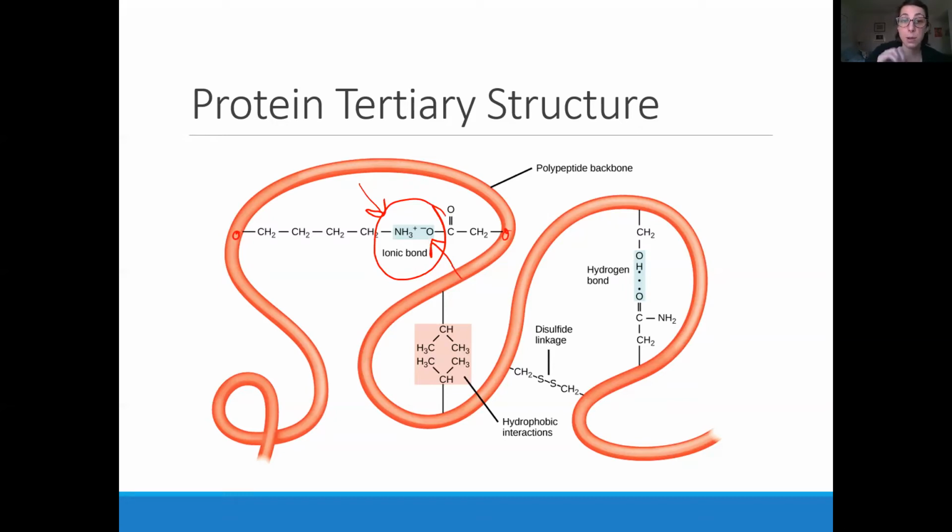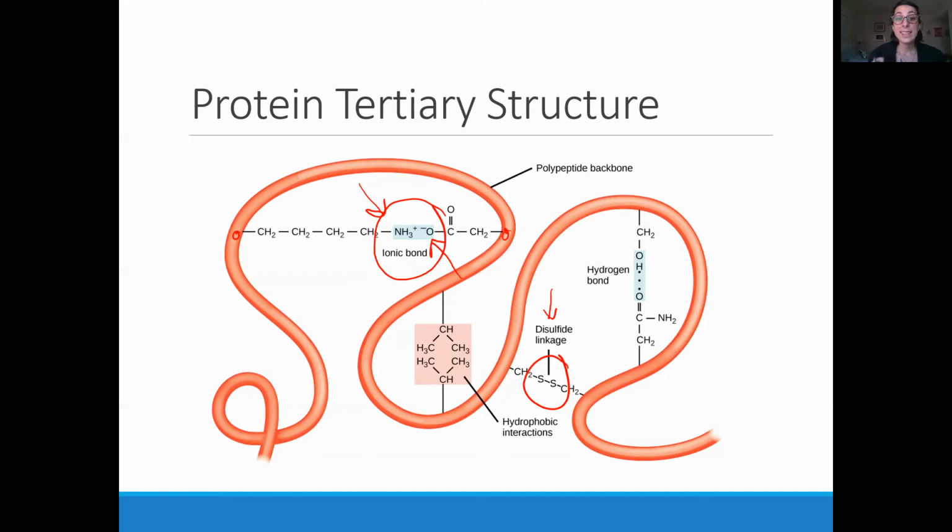Another main type of bond that holds together sections of proteins is a disulfide linkage. I brought this up early in the class when we were talking about functional groups, and I talked about the disulfide bond that can occur.